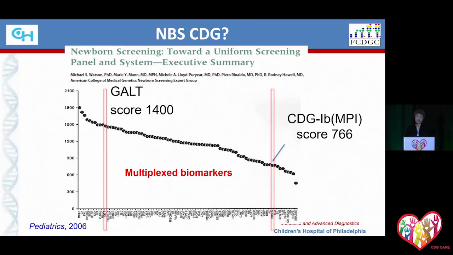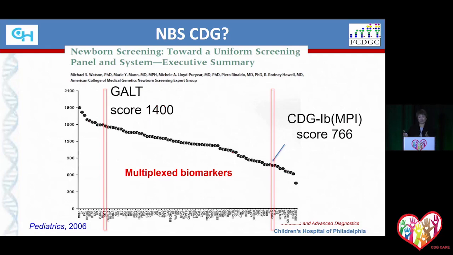I may argue about it, because when everybody thinks about newborn screening, you think about RUSP. RUSP stands for Recommended Uniform Screening Panel. And if you can put a condition on the RUSP, then many states in this country are obligated to do newborn screening for it.